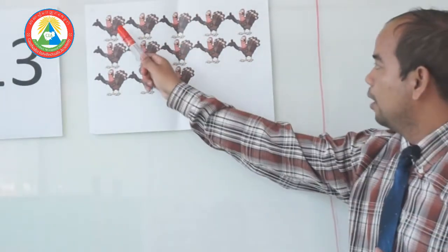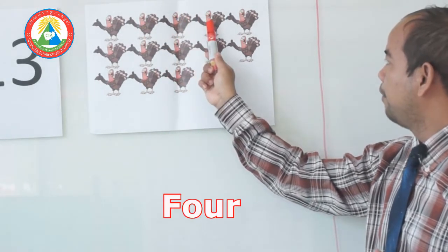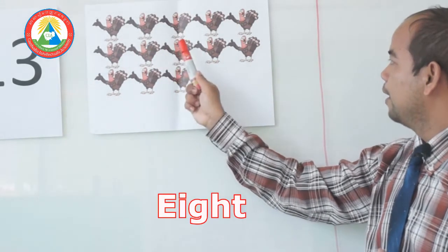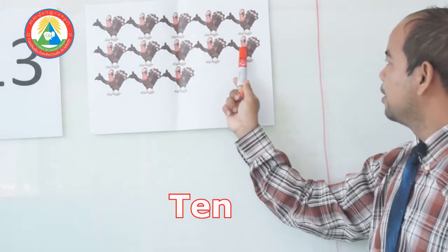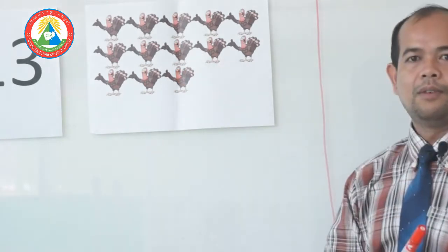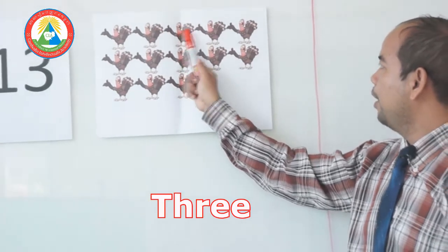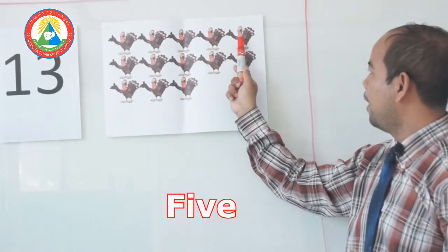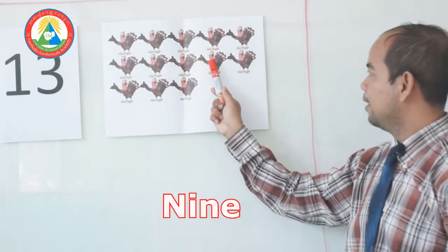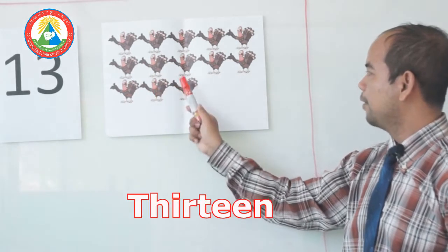Start counting with me. 1, 2, 3, 4, 5, 6, 7, 8, 9, 10, 11, 12, 13. One more time. 1, 2, 3, 4, 5, 6, 7, 8, 9, 10, 11, 12, 13.